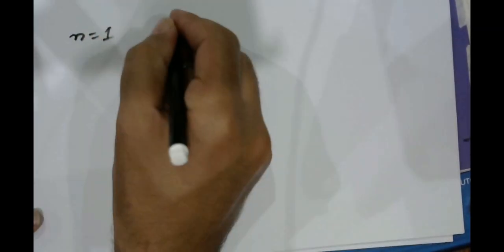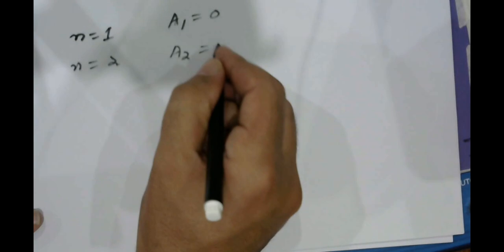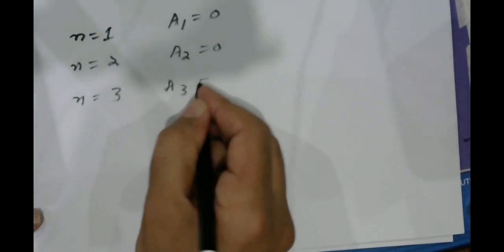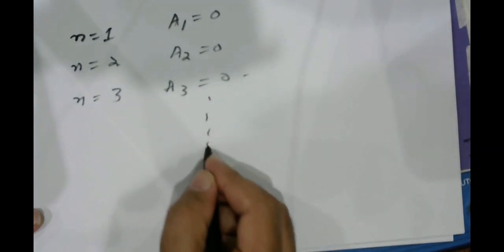So simply we can say that for n equal to 1, a1 will be 0. For n equal to 2, a2 is 0. For n equal to 3, a3 equal to 0, and so on. So this will always be 0, okay. If you know that your function is an odd function, then all these values will be 0.